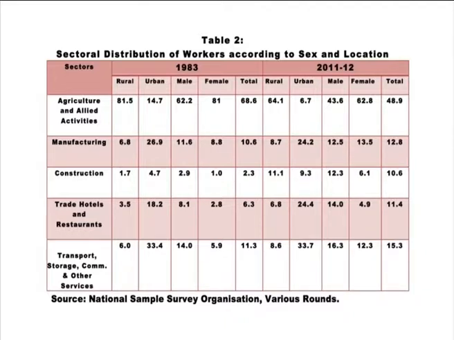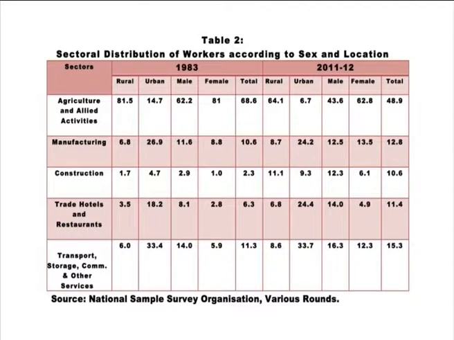The workers released by the agricultural sector are mainly absorbed by the construction sector, which has shown the largest increase in its percentage share out of total employment in the country between these 2 points of time. The share of the construction sector has increased by almost 8 percentage points as compared to merely 2 percentage points for manufacturing and 4 percentage points for other services.